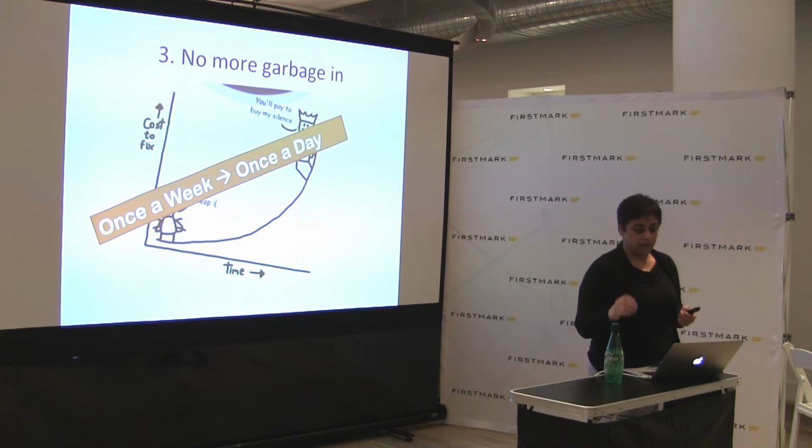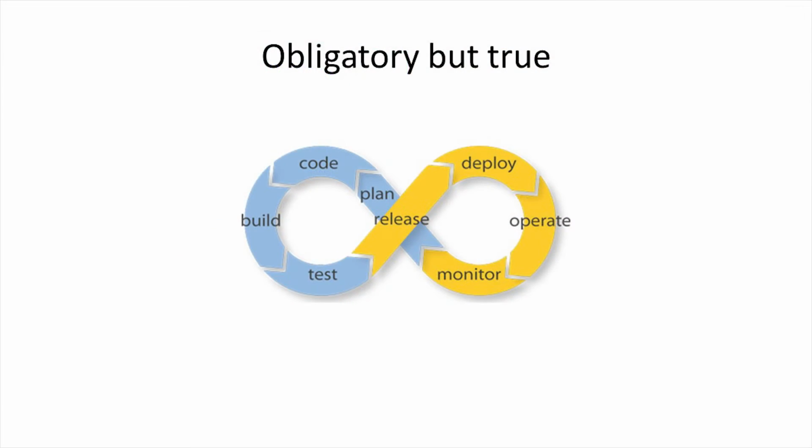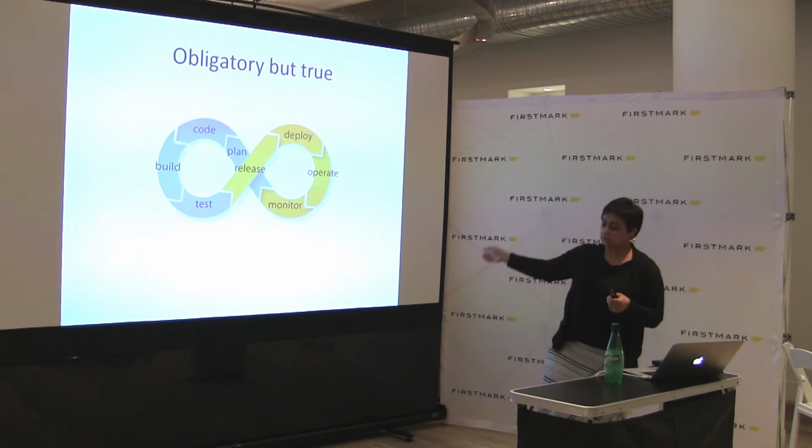But none of that happened without, this feels obligatory whenever you talk about CI/CD, but it is in fact true, at least it's proven true for us. The first thing we had to do was get this going in some shape or format where we had this structure going. So we were able to write code, we were able to test code: test, build, code, plan, release, deploy, operate.